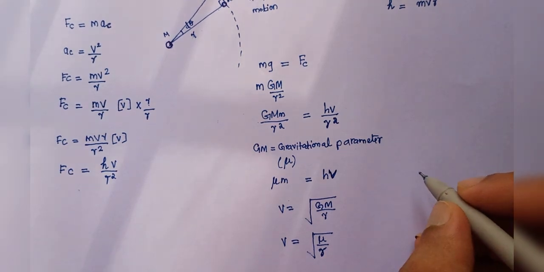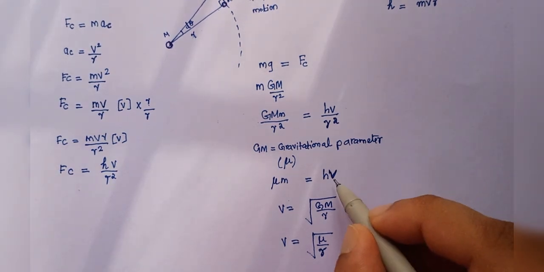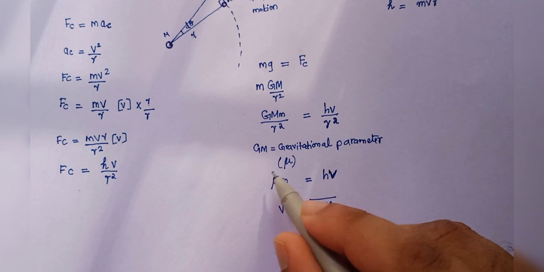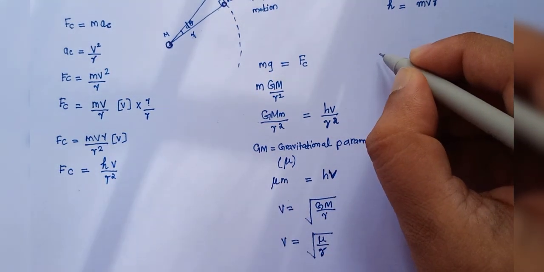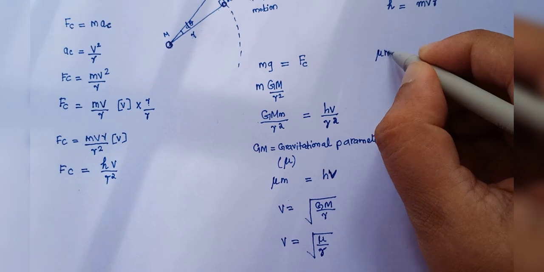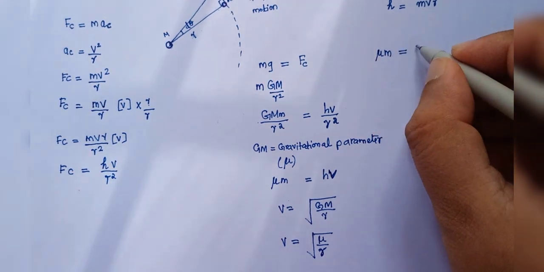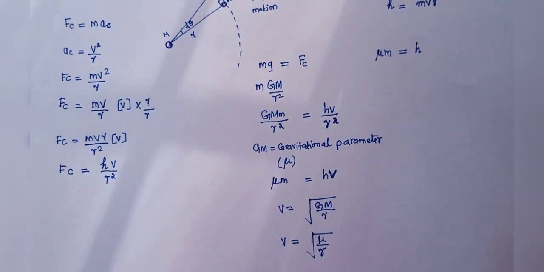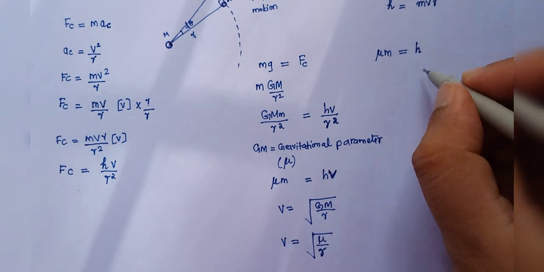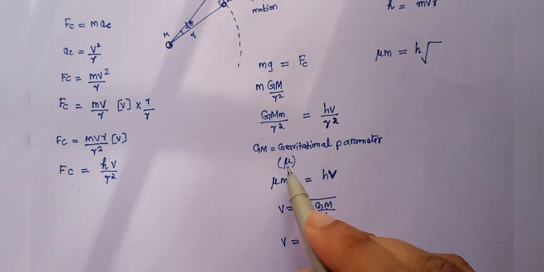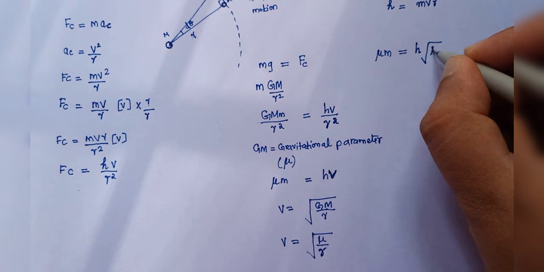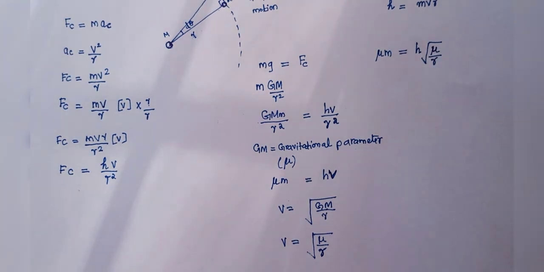Now if I substitute in this equation, we have mu of m, which is equal to h, the angular momentum, and what is v here? GM is actually your mu term, so v is root of mu divided by r again.